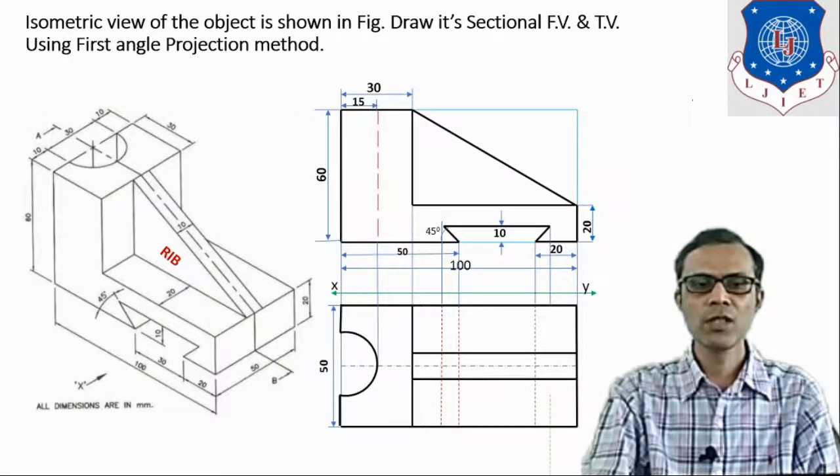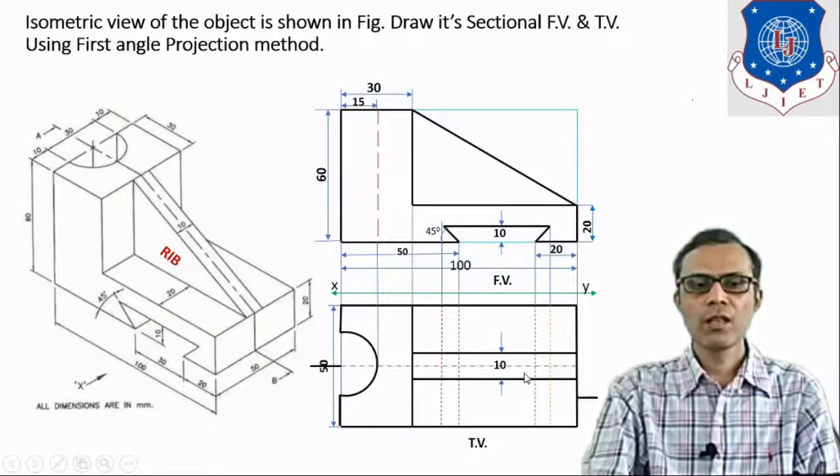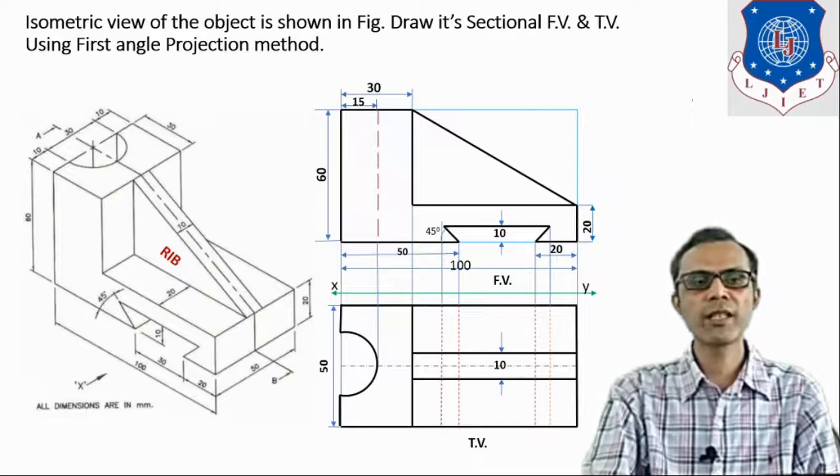Here it is shown by the dotted lines. And throughout the width it is cut, so throughout the width you have to draw these dotted lines. Write down the dimension for width of rib, 10 mm. So it is the top view. Front view and top view both are completed.